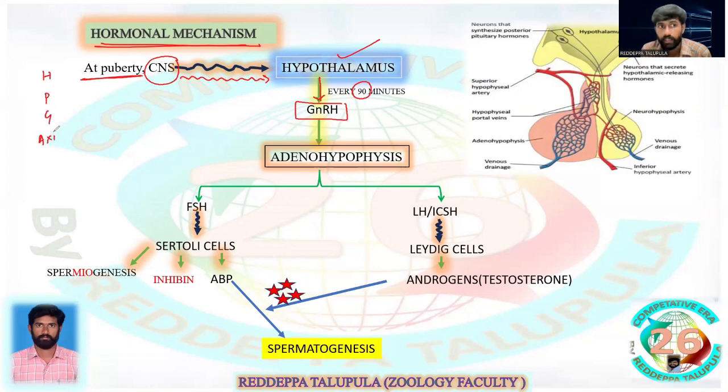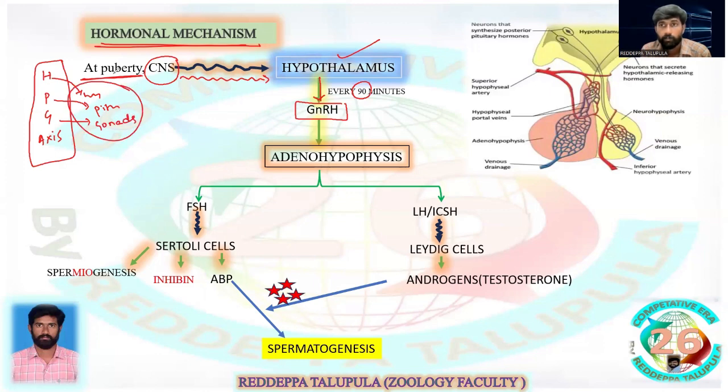HPG axis plays a major role in hormonal axis. H stands for hypothalamus. P stands for pituitary. G stands for gonads. These three structures play a prominent role in the hormonal mechanism.